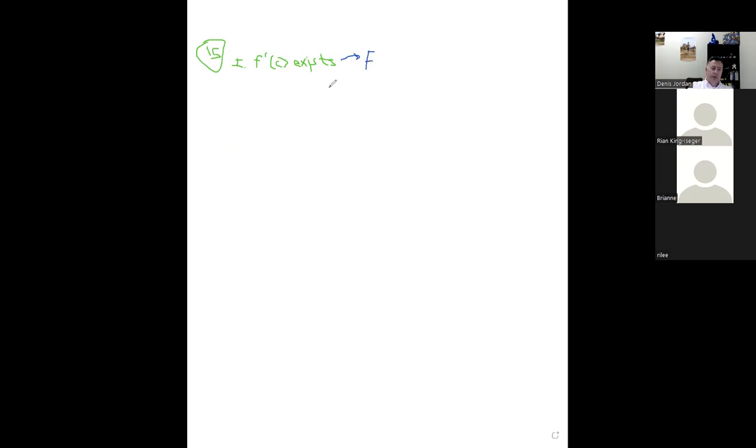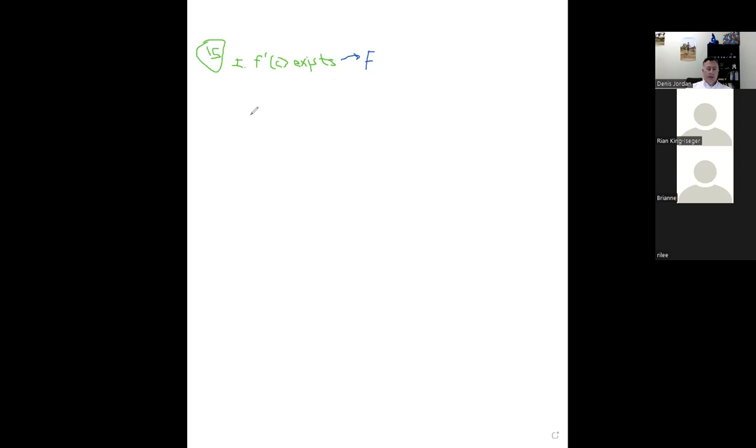Because when you're looking for relative extrema, so relative max, relative min, those are coming from your critical numbers, which means that the derivative could be 0 or it could be undefined. So just because you have a relative max doesn't mean that the derivative has to exist, because it's either 0 or DNE, one of the two.